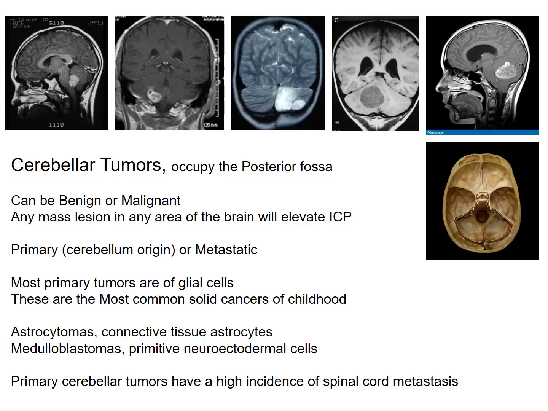Many of the primary tumors of the cerebellum come from glial cells like astrocytes. In terms of pediatrics, these are the most common solid cancers of childhood, glial tumors of the cerebellum. And you can see astrocytomas are one type, a medulloblastoma is another type.